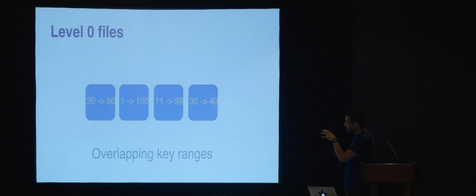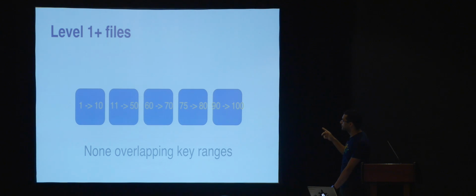As you can see here, some files have the whole key space from 1 to 100, some files from 2 to 80, they are overlapping. So if I want to read the value for key 35, for example, I may need to check all the files because 35 may belong to any of these. The reason for that, for level 1 plus, is that this is guaranteed by compaction.